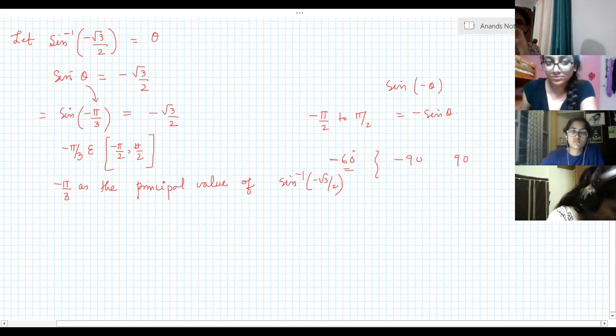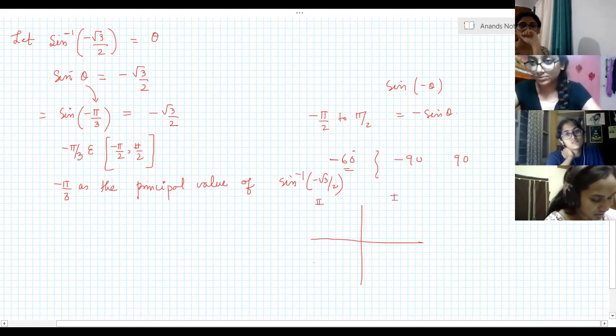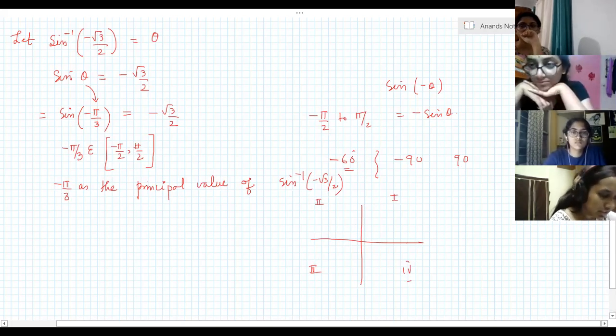So without this, how would you have done it? You will say, hey, root 3 by 2 and you're getting a negative value. Where will I get a negative value of sine? In the first quadrant it is positive, in the second also positive, third and fourth will be negative. Correct? So it can be 2 pi minus something.